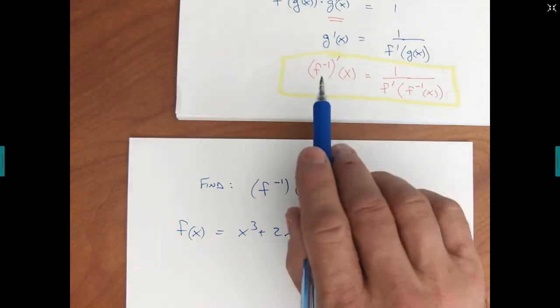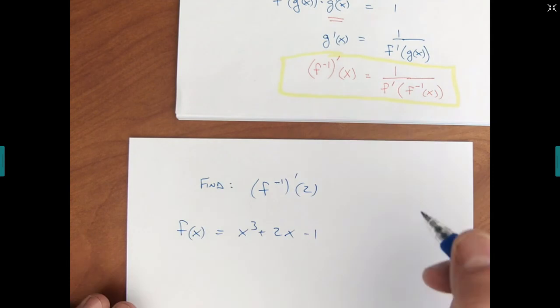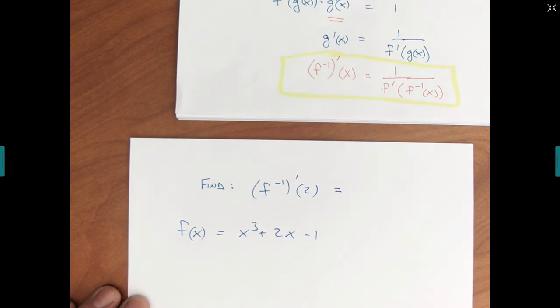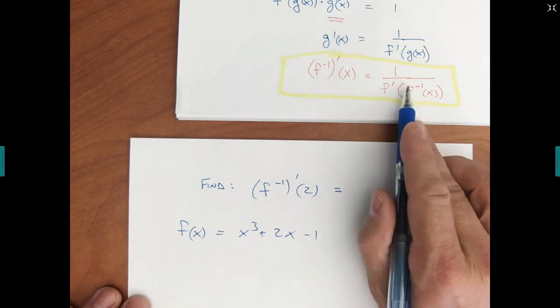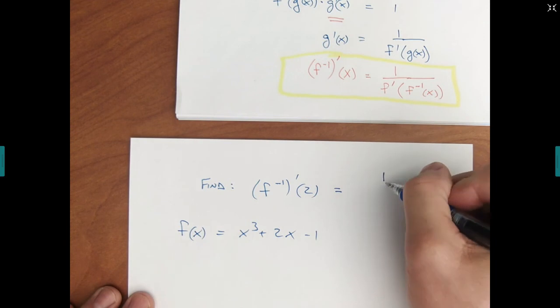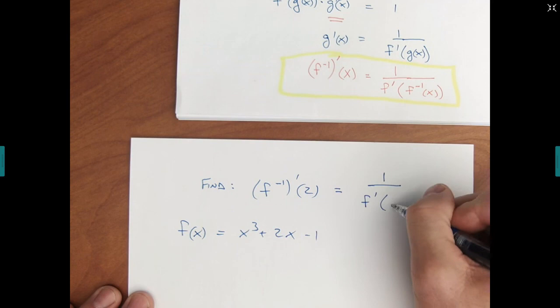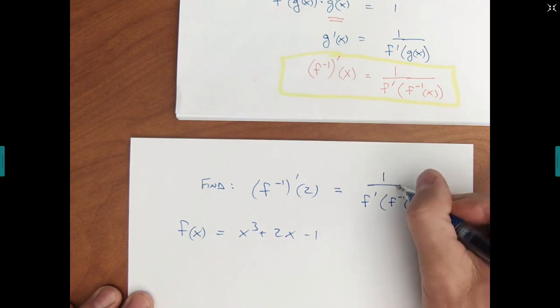So what I'll do is use this formula, and in place of x I'll put a 2. And so I'm going to know that this will equal, now I'm just following along with my formula that I have written in red right here, 1 over f prime of the inverse of, there we go, like that.